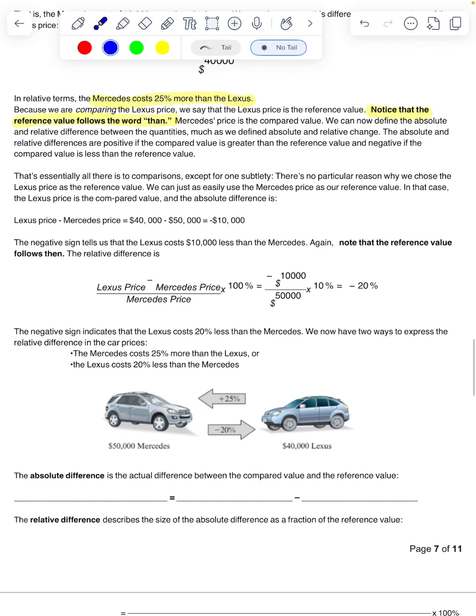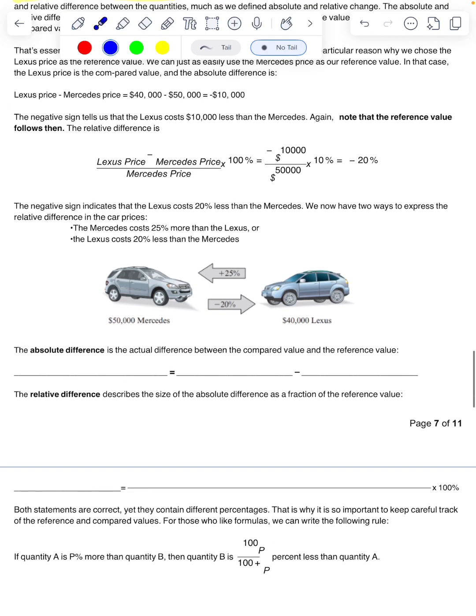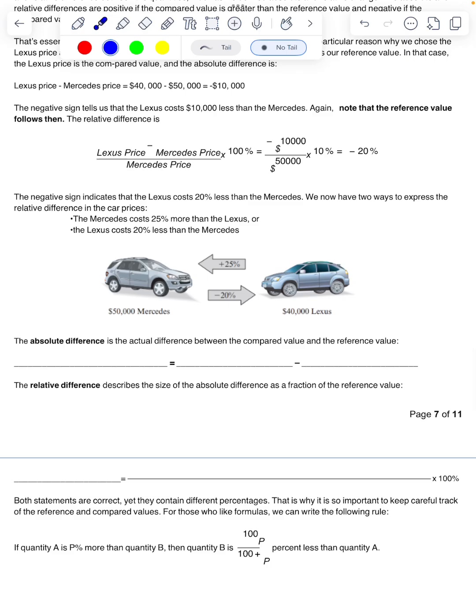So now we have two ways to talk about the difference in these car prices. The Mercedes costs 25% more than the Lexus, or the Lexus costs 20% less than the Mercedes. So the absolute difference is the actual difference between the compared value and the reference value.